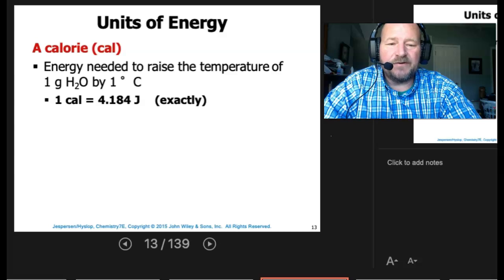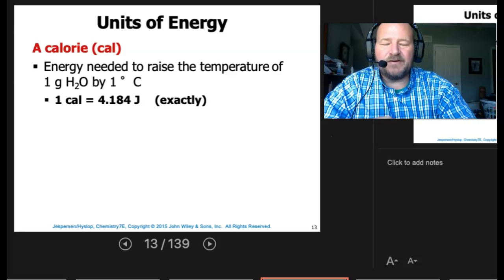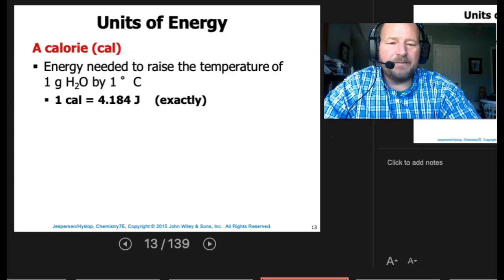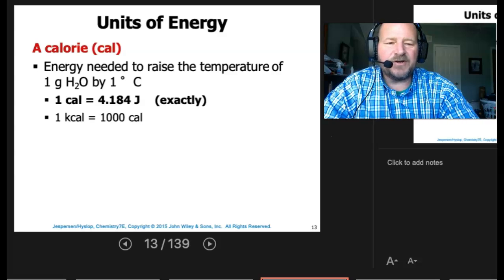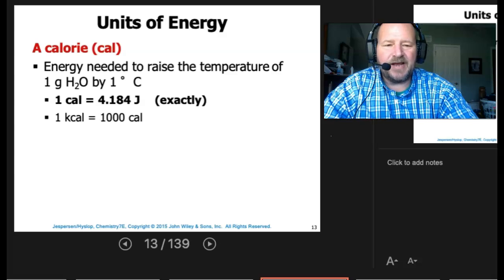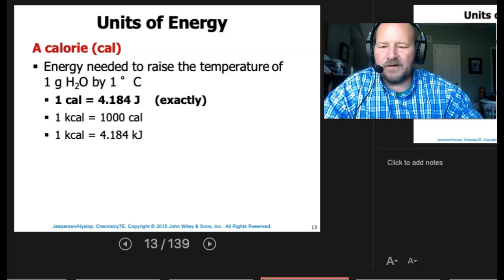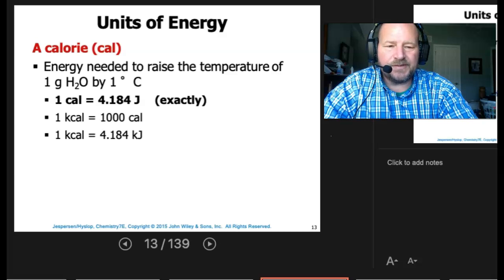If you don't recall, what that means is that when we look at our significant figures, if we convert between calories and joules, it will not impact the number of sig figs. We can convert exactly. Calories are also a metric unit, so 1 kcal is 1,000 calories. Or if you prefer, 1 kcal would be 4.184 kilojoules.